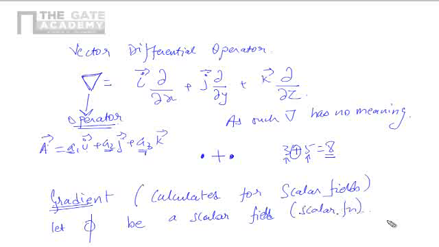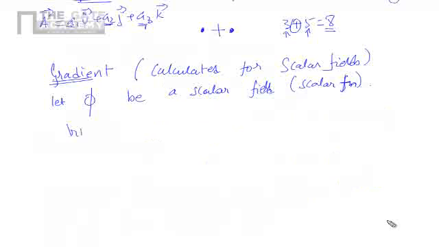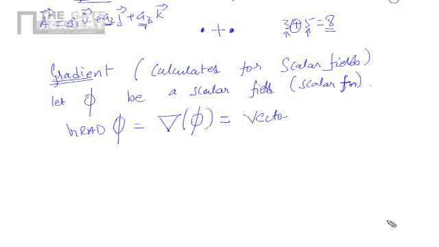In mathematical terms it is a scalar function. And then I define the gradient of phi. I write it as grad phi, which is del phi. The result will be a vector. Please remember that phi is a scalar, whereas del phi is a vector.